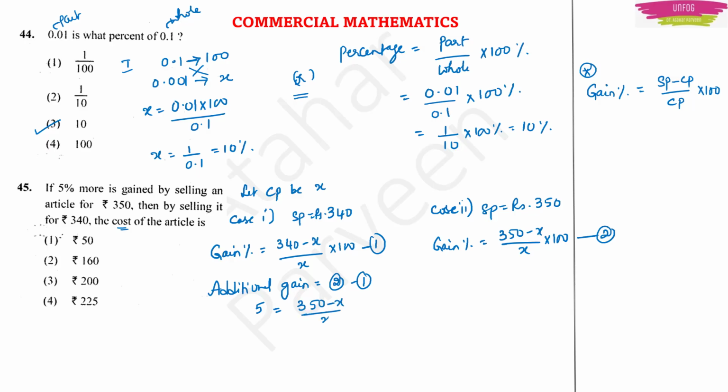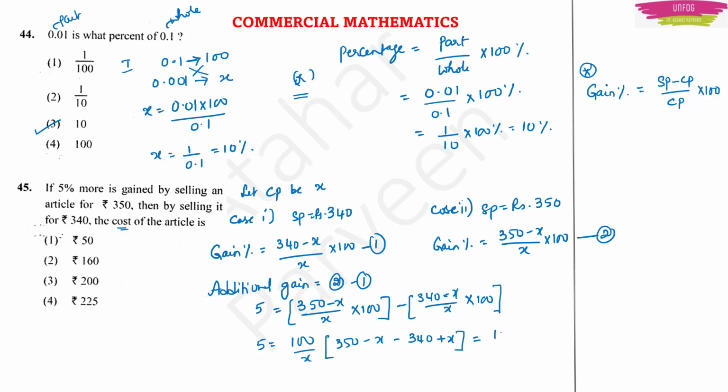350 minus x by x into 100 minus 340 minus x by x into 100. So, this 5 will be equal to, I will take 100 by x common, so that inside the bracket I have 350 minus x minus 340 plus x, because minus into minus will become plus.